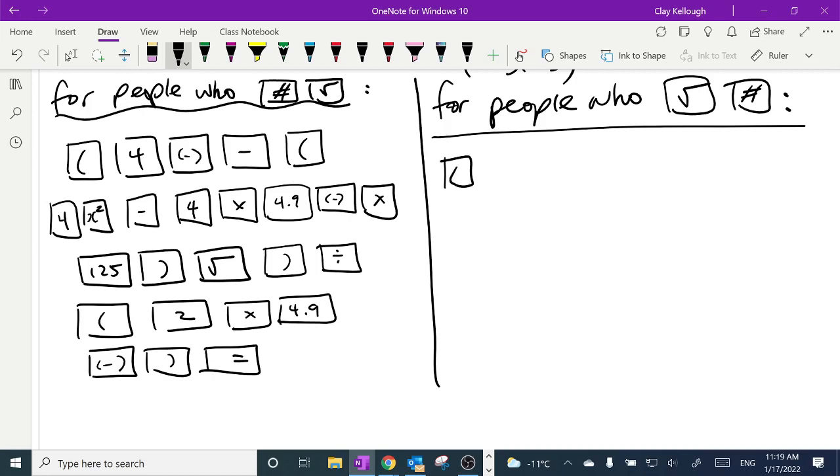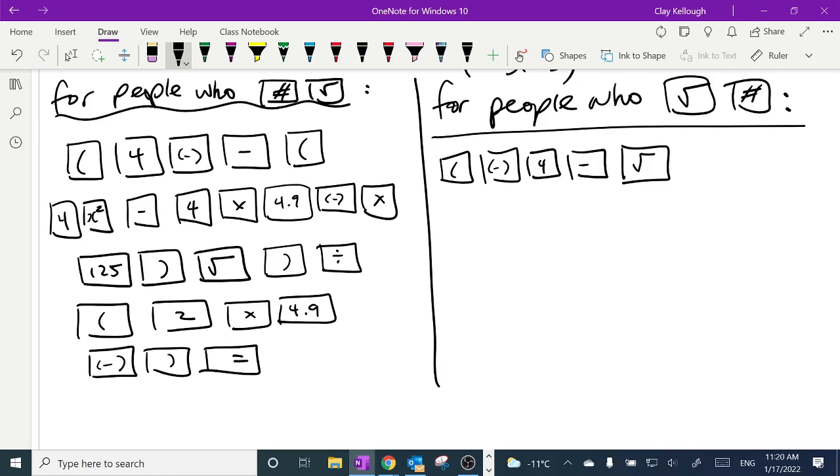Open a bracket. Let me draw that better. Open a bracket. Oh, sorry, it's a negative first. Negative 4, minus the square root. Now, again, listening, calculator brand matters here.